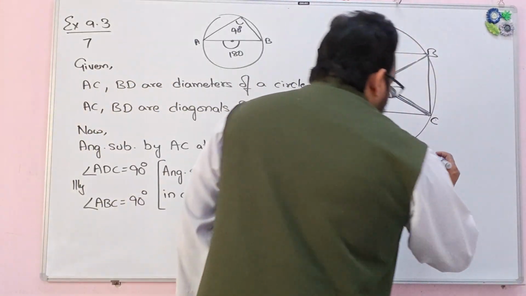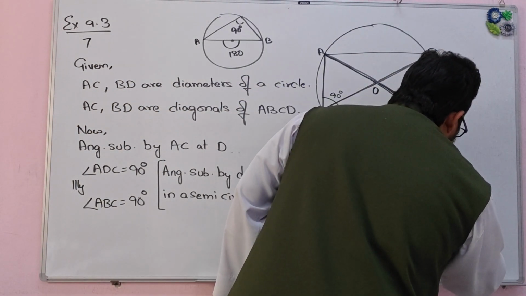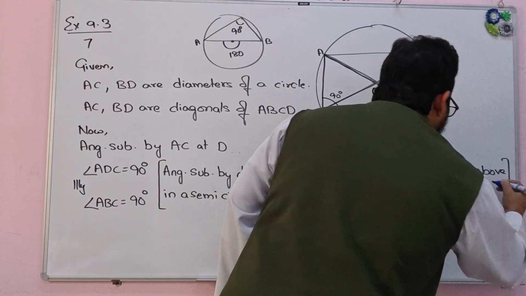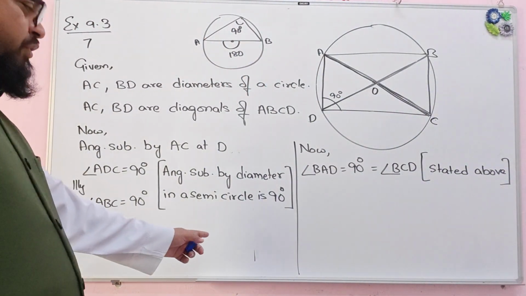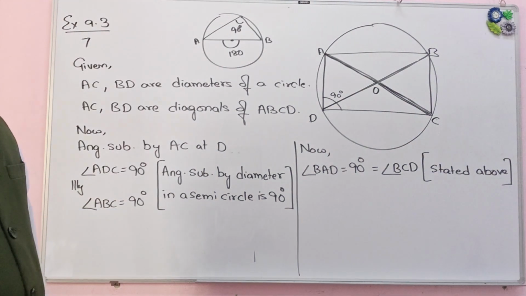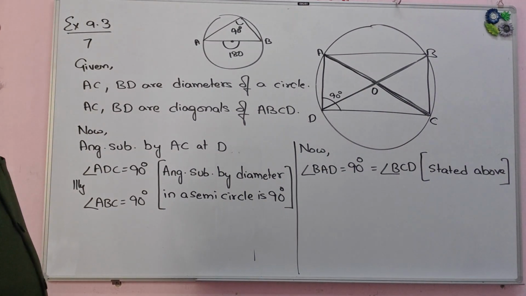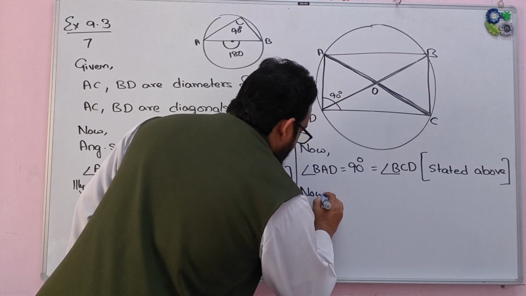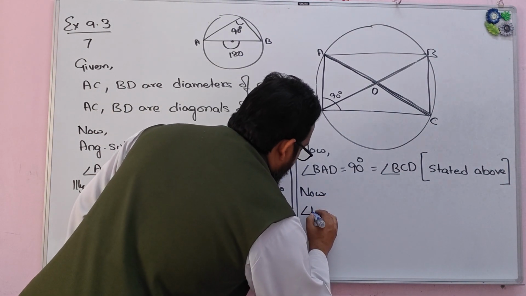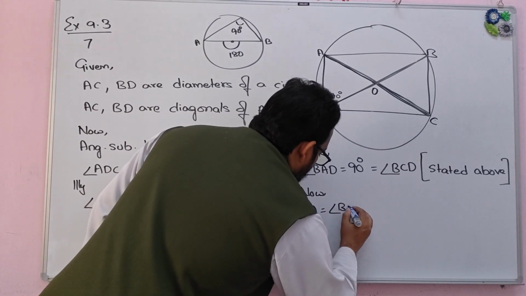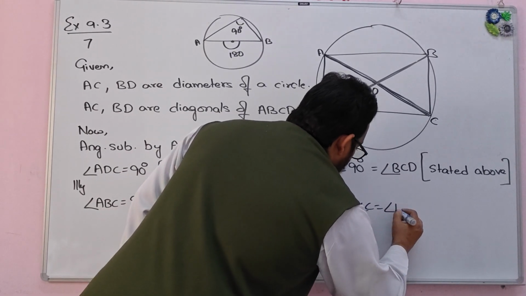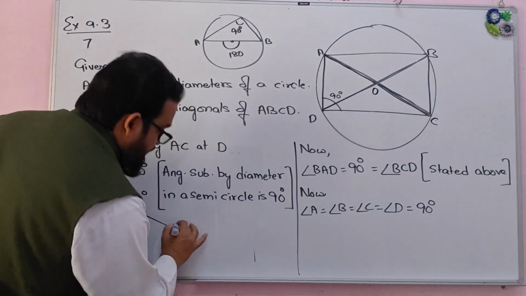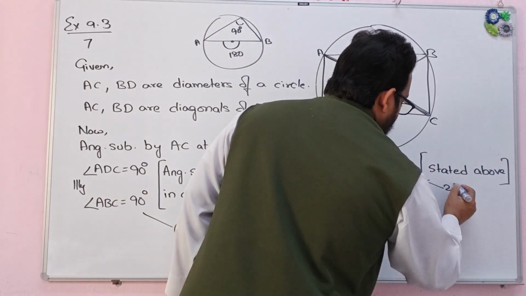The reason is stated above: the angle subtended by a diameter in a semicircle is 90 degrees. Now we can see that angle A is equal to angle B is equal to angle C is equal to angle D, equal to 90 degrees. Let us say this is equation 1 and this is equation 2.